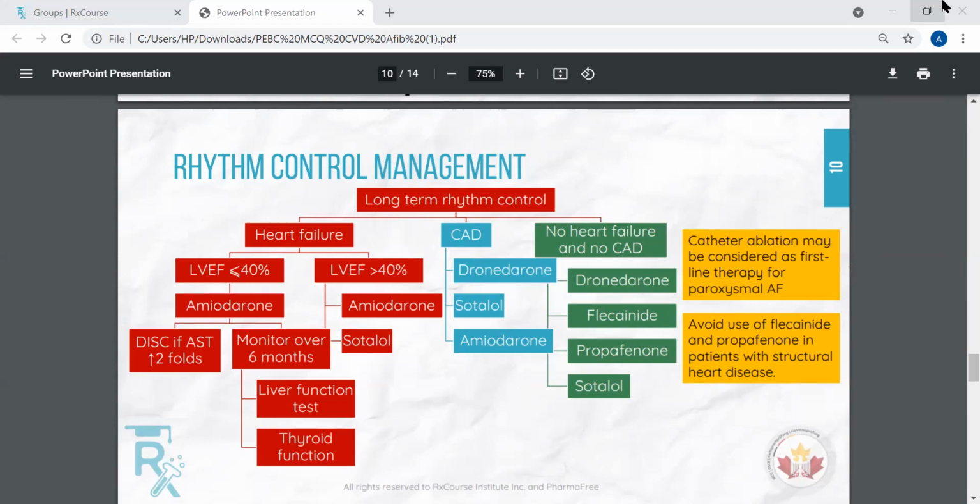Okay, let's say that a patient who has a left ventricular ejection fraction of 32, okay? Who was asking the last question about the recurrence rate of atrial fibrillation?